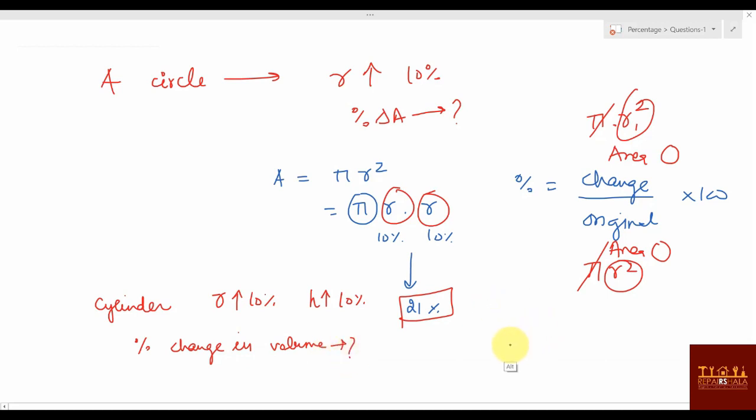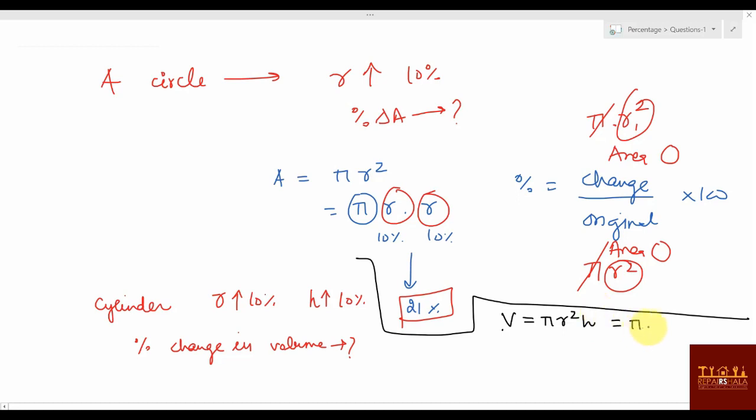So one thing you should know, that is volume of cylinder is pi r square h, and pi will not be taken care of. Pi we can simply leave, or you can write this as pi into r into r into h. This one is 10%, this one is 10%, and this one is 10%.